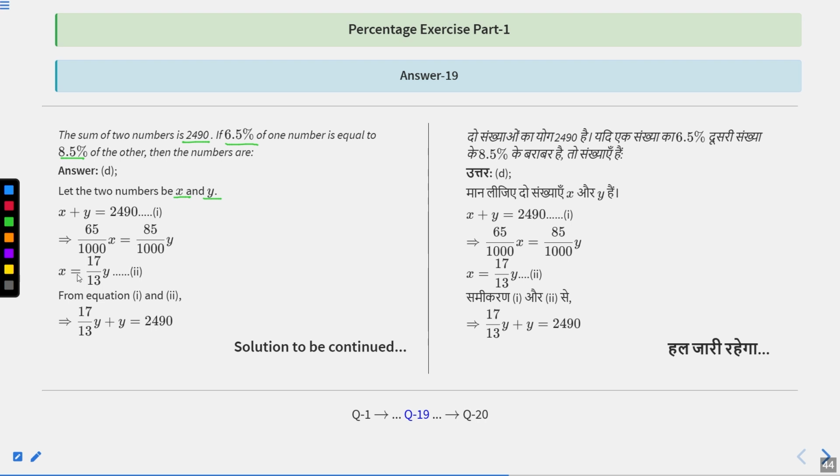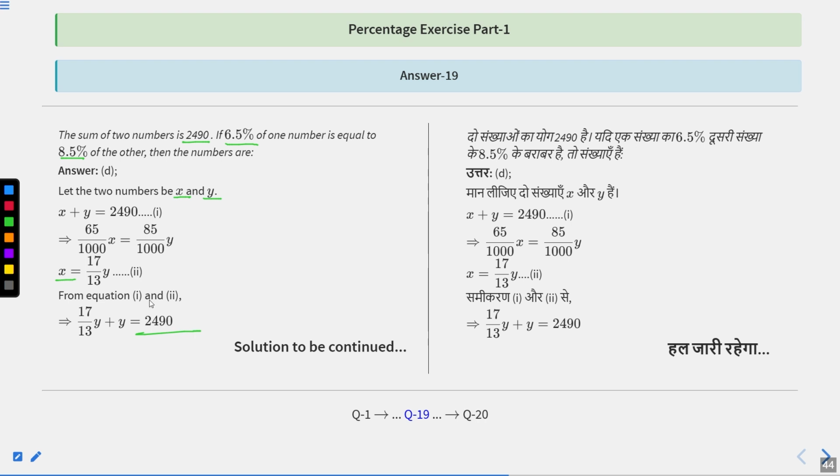So when you solve it, you get the ratio of x and y. x equals 17 upon 13 y. From equations 1 and 2, 17 upon 13 y plus y is equal to 2490.